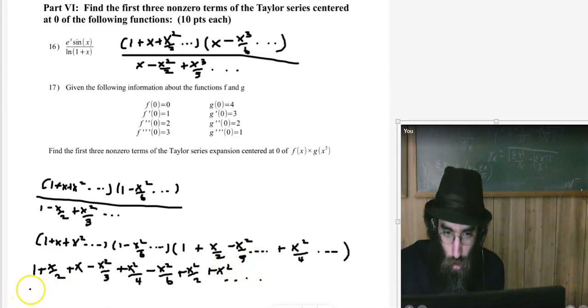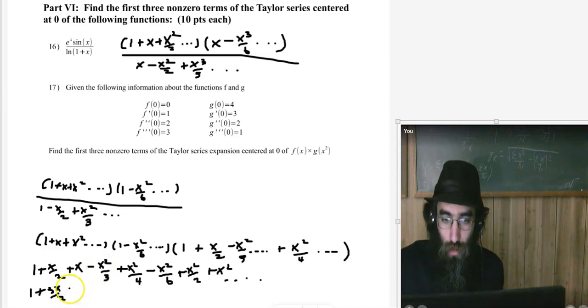Combining our like terms, 1 plus 3x over 2, and then x squared gets multiplied by negative a third minus a sixth is negative a half, plus 1/2 is, oh, sorry, I forgot about this over 2 here.